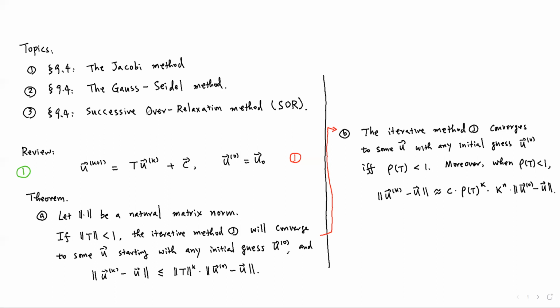And the third topic, the successive over-relaxation method. This method includes Jacobi and Gauss-Seidel as special cases. Why the method name successive over-relaxation?